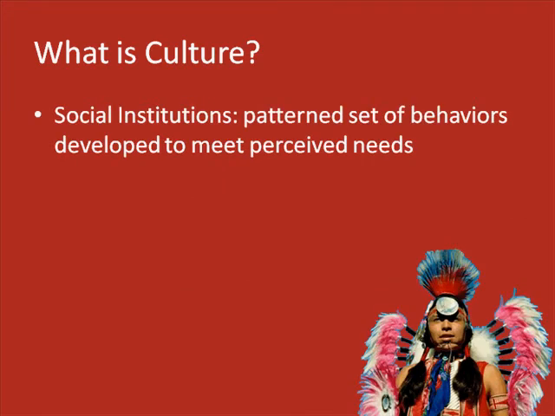Now, all of these norms and laws can be organized into a set of social institutions. And a social institution is a pattern set of behaviors developed to meet perceived needs. Now, this way people aren't doing whatever they want, whenever they want to meet their needs. So for instance, in U.S. culture, we treasure independence, but that independence has to be exercised within the constraints of the social institutions.